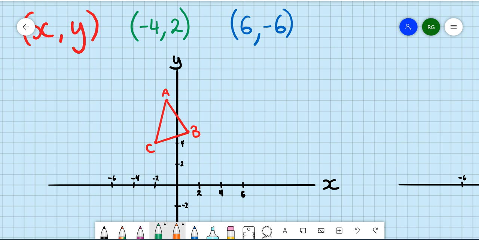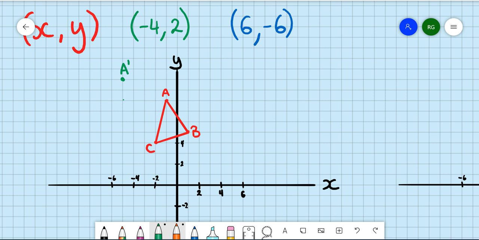So 1, 2, 3, 4, about here. But then the Y vector is +2, so we need to go up the Y-axis 2 positions. So we're going to end up here, and this is our new A point. I'm going to call it A dash to represent that it is A, but a new point. So A goes there.